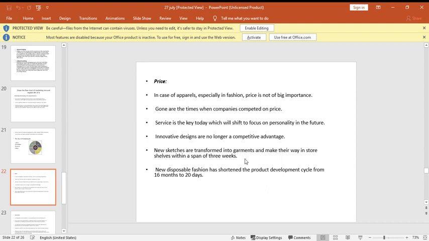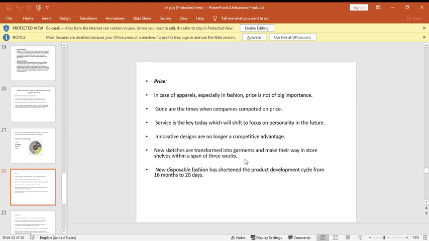Gone are the times when companies competed on price. Service is key today, which will shift to a focus on personality in the future. That means the price is not depending on the company. The days have gone, and service is the key factor today.